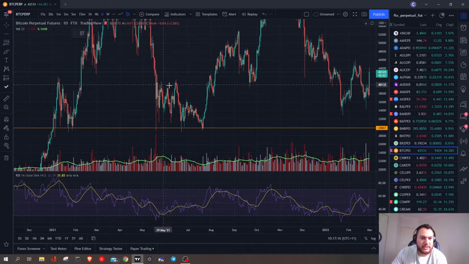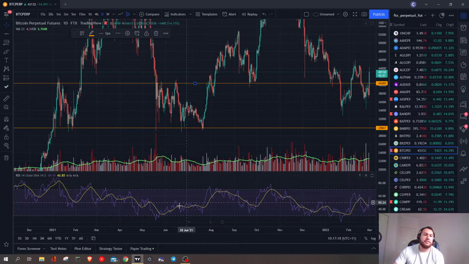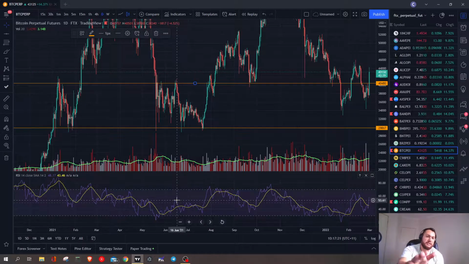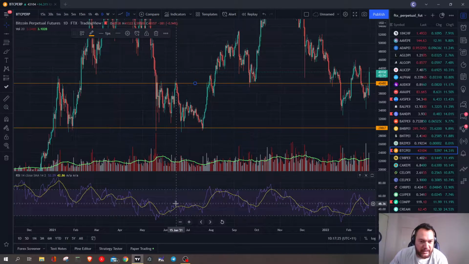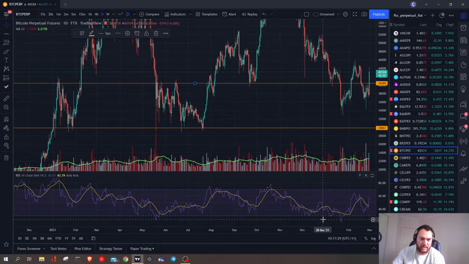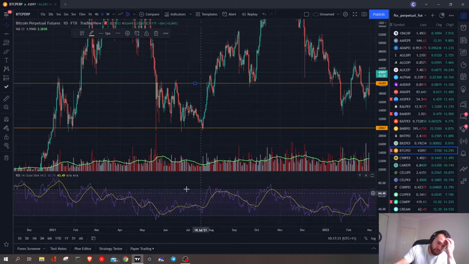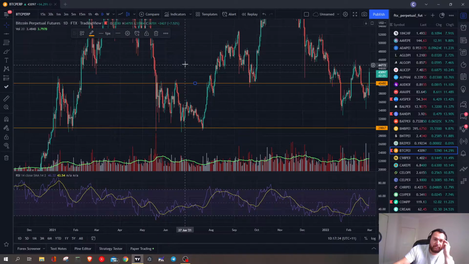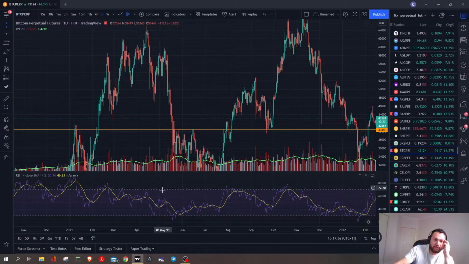Okay, so that's the midpoint, the 50, which in this situation, when it's coming back, is classified as resistance when it's in the lower half, or the bearish territory. So when it breaks below up here, right?